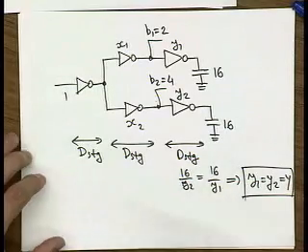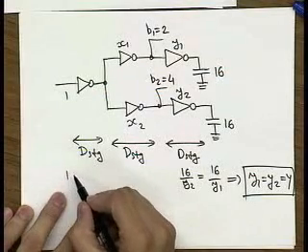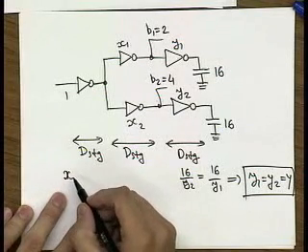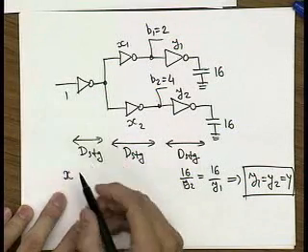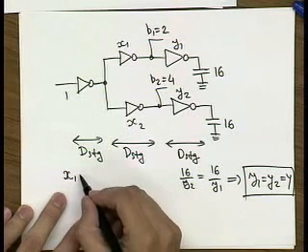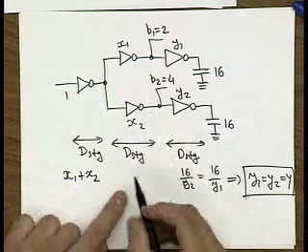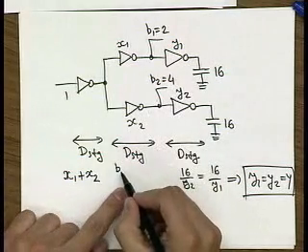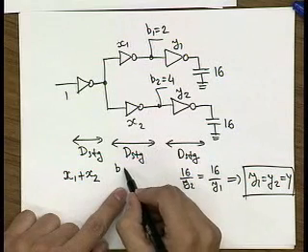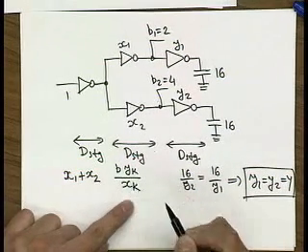Now let's see what's the delay of this stage. Let's again forget about parasitic and assume that the gamma factor is 1. You have x1 plus x2, and in this case, you have bk times yk divided by xk.